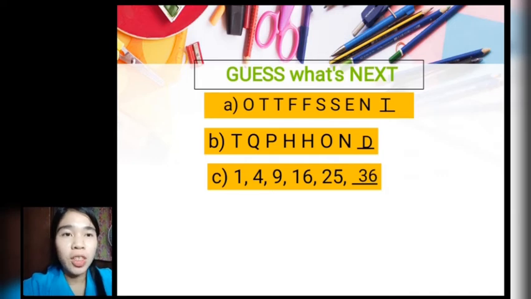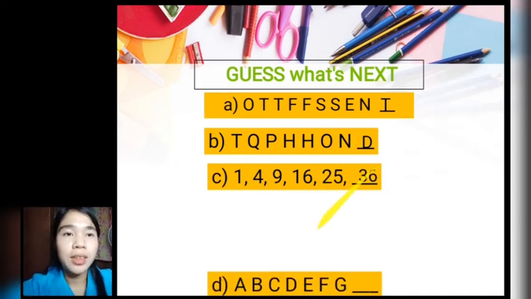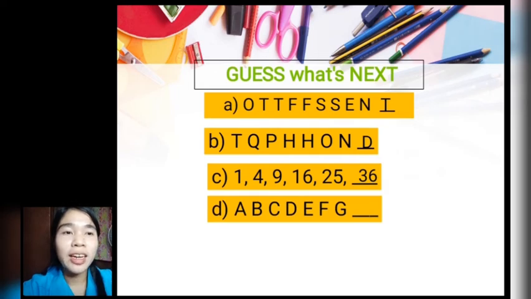So let's proceed to the next. We have here A, B, C, D, E, F, and G. So what's next in the alphabet? Okay, that's right. So we have here the letter H. How about the last one?